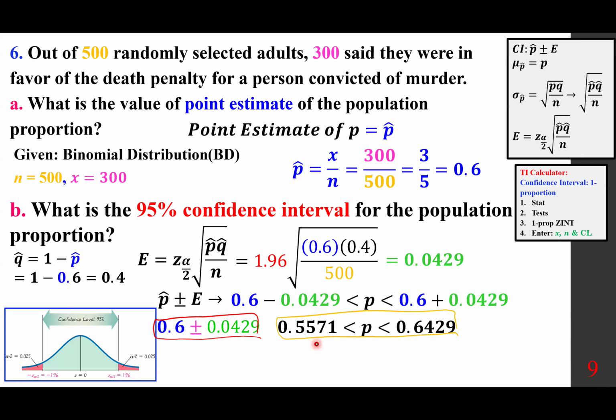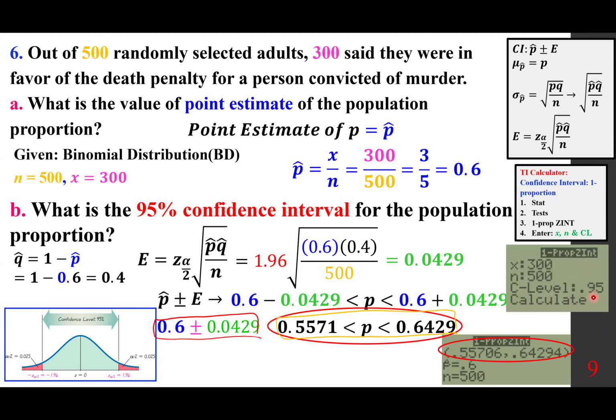So as far as the technology or TI calculator is concerned, it's the STAT one proportion Z interval. So take a look. 1-PropZInt, x 300, n 500, confidence level 0.95 or 95%. And take a look.